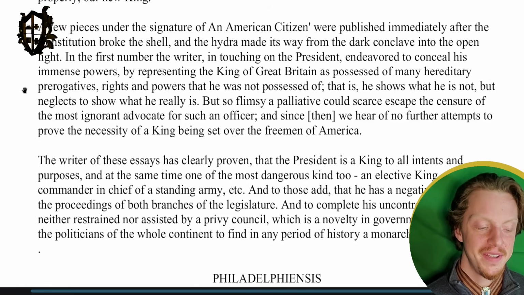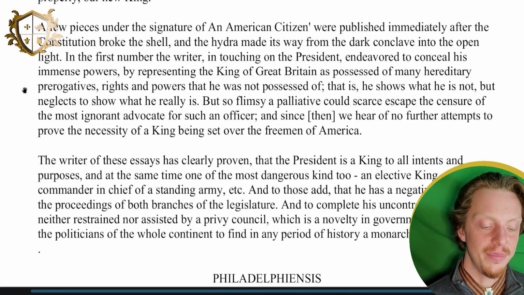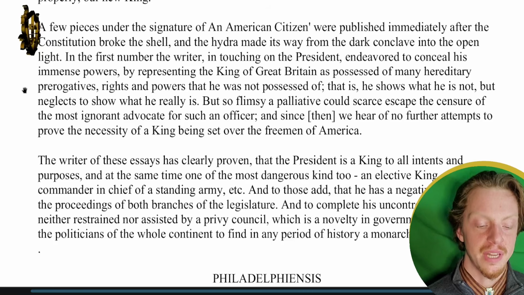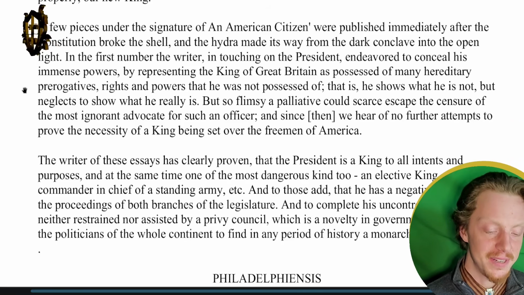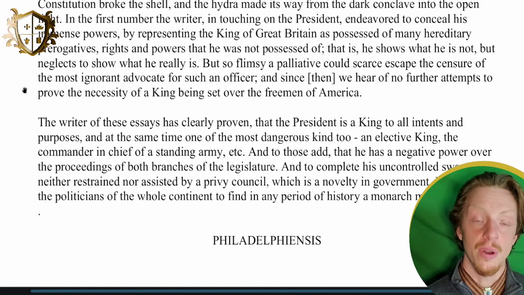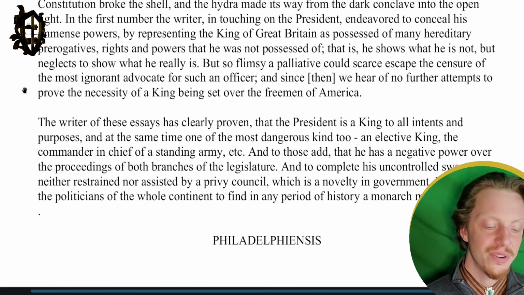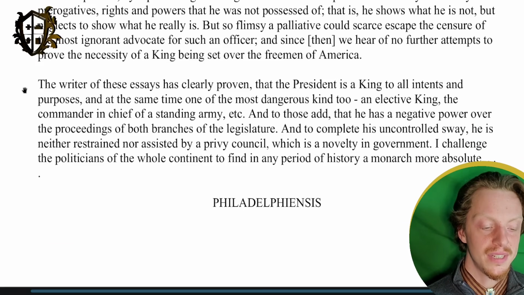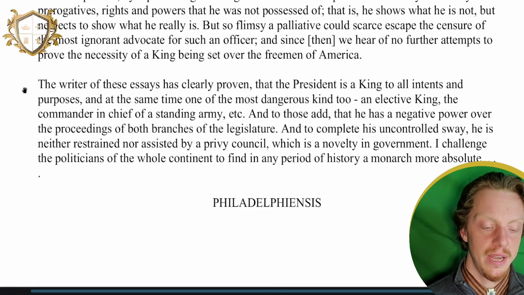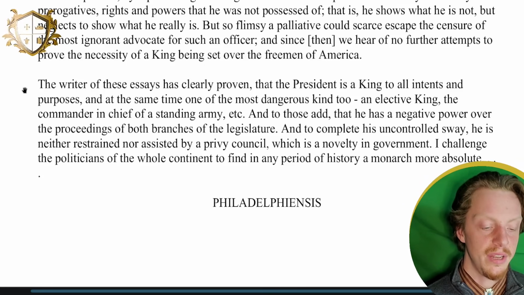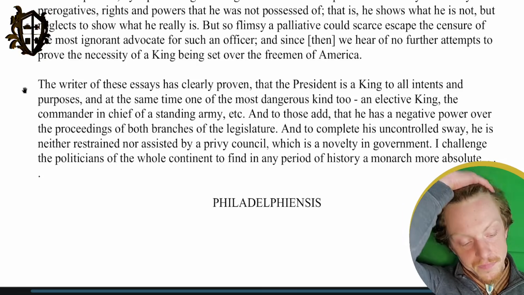His immense powers by representing the King of Great Britain as possessed of many hereditary prerogatives, rights, and powers that he was not possessed of. That is, he shows what he is not, but neglects to show what he really is. But so flimsy and palliative could scarce escape the censure of the most ignorant advocate for such an officer. And since then we hear of no further attempts to prove the necessity of a king being set over the freemen of America.